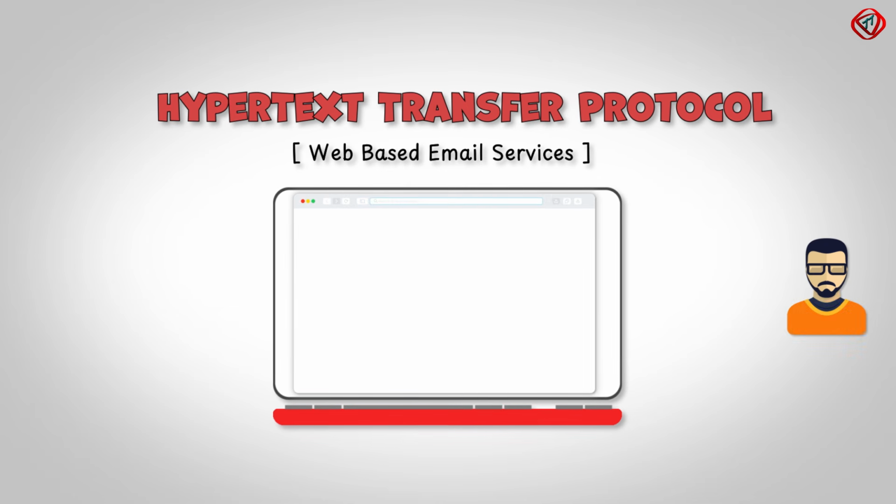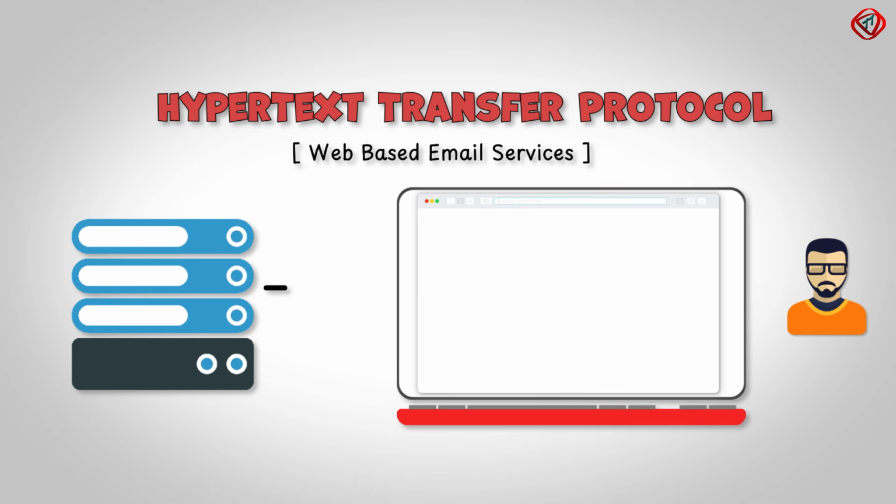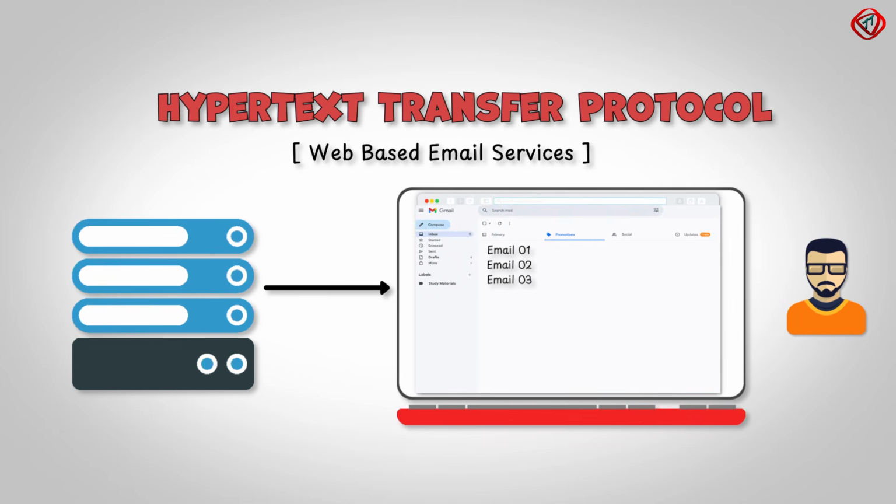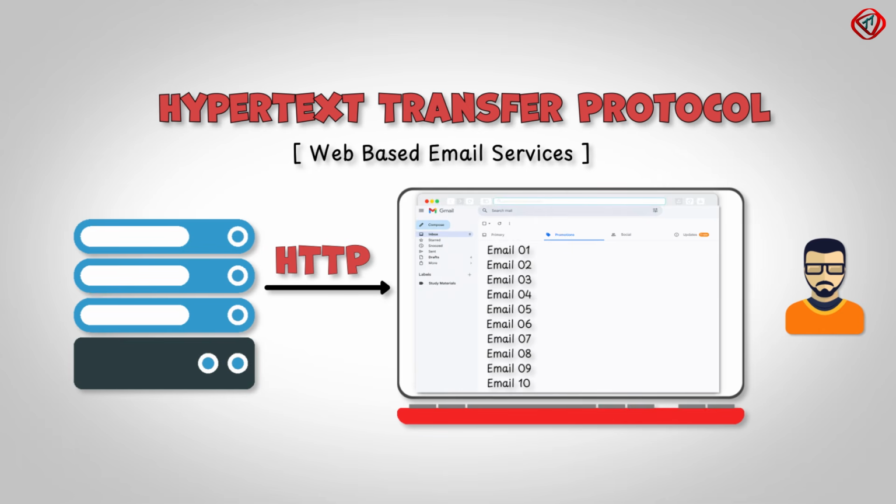Suppose Uday wants to access his email using a web browser. In that case, his mail server sends the emails to his web browser using HTTP instead of using POP3 or IMAP.